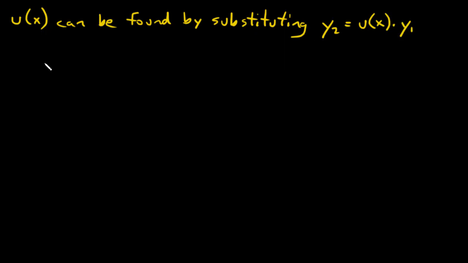Well, that makes sense, right? Because y2 divided by y1 is equal to u, therefore y2 is equal to u times y1. Makes perfect sense, right? Just rearranged it, okay?